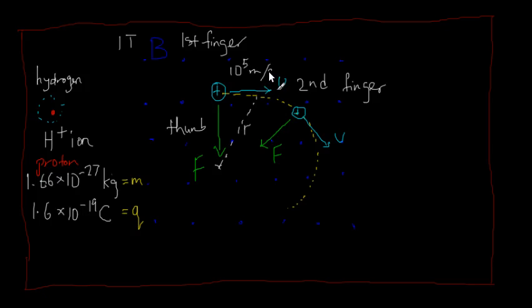So that's 100,000 meters per second. It's moving really fast. That's the example I would use, and I want to calculate the radius of this circle when a proton at this speed moves through this 1 Tesla magnetic field.